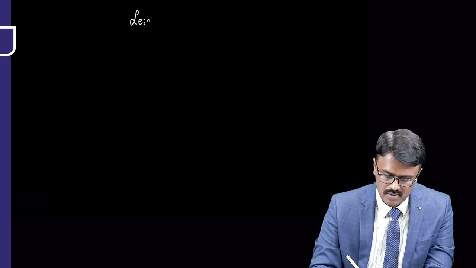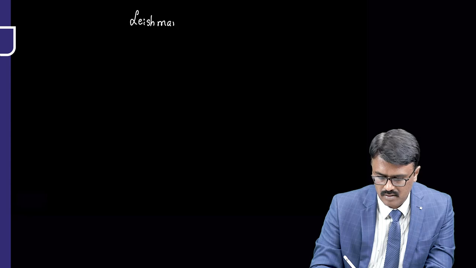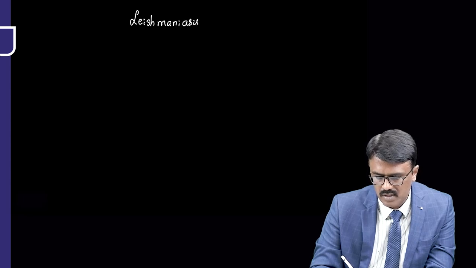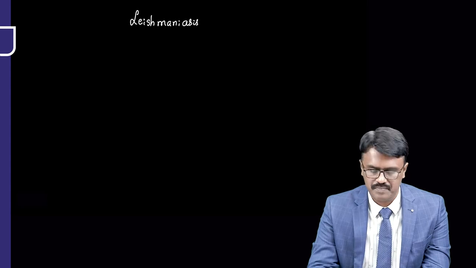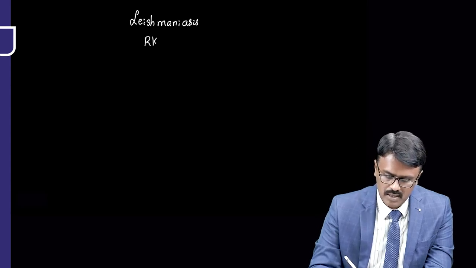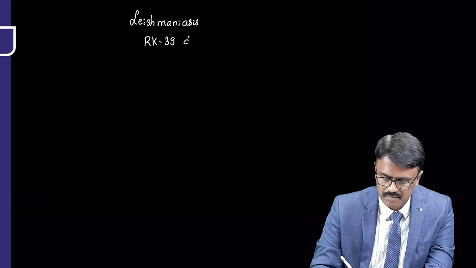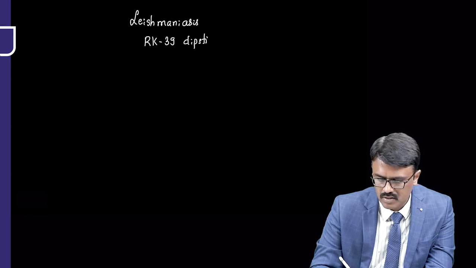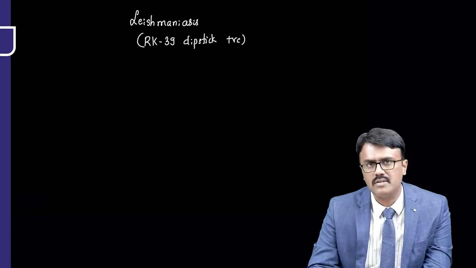Once we know the management of amoebiasis, let us understand the management of leishmaniasis. Now, is it present in India? Yes, it is there in India. So the test we do is the RK39 dipstick. If this dipstick is positive, that means leishmaniasis.